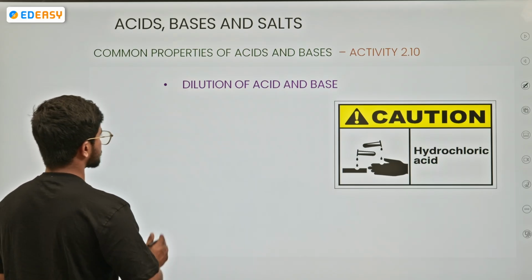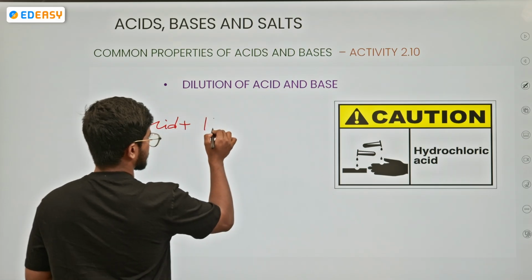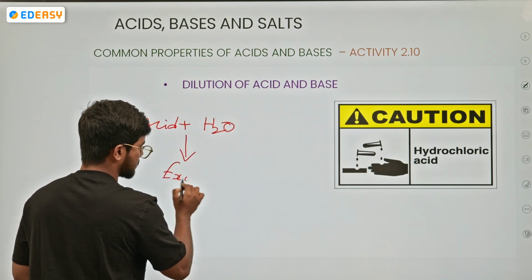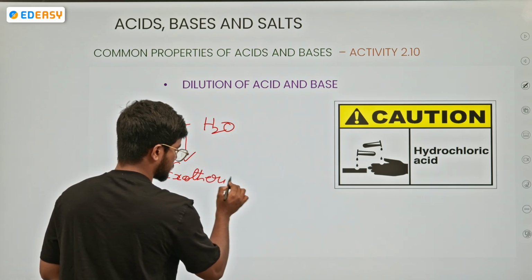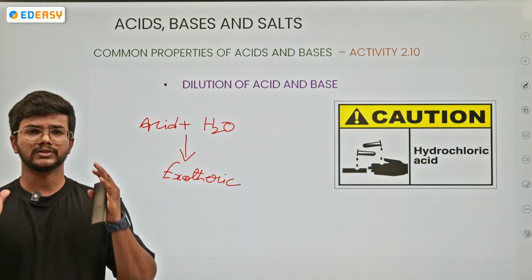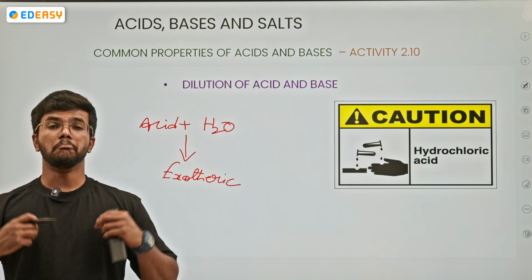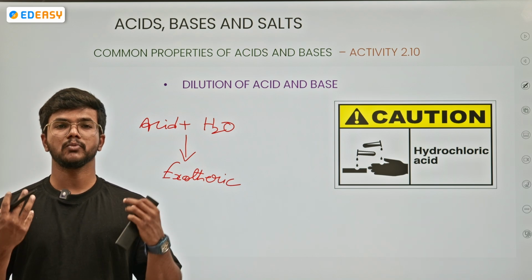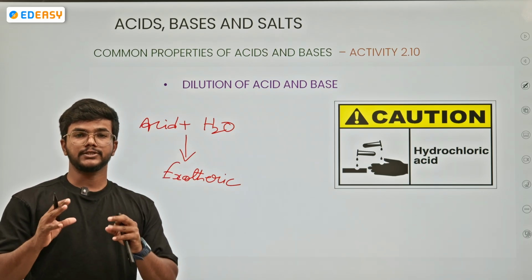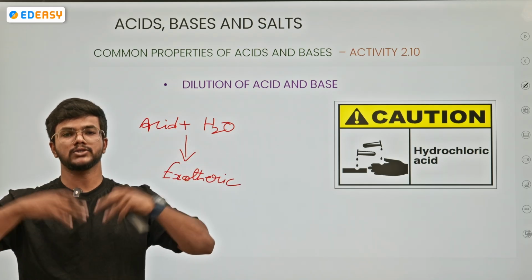Here, acid plus water, H2O, is a highly exothermic reaction. When a highly exothermic reaction occurs suddenly, it releases a lot of heat, which can cause damage to your body parts. I mean, it splashes out the solution.